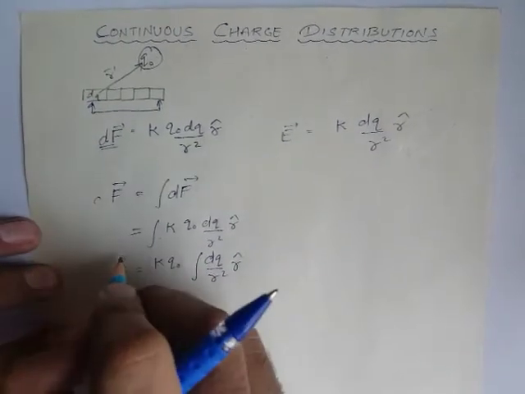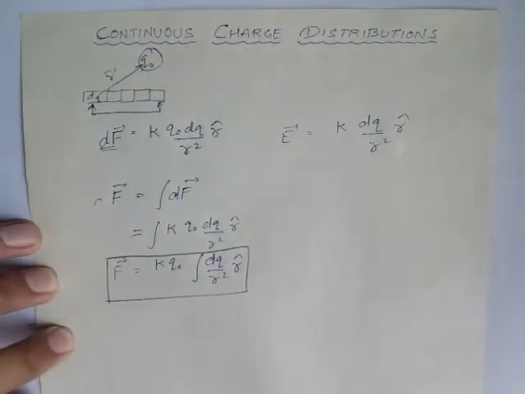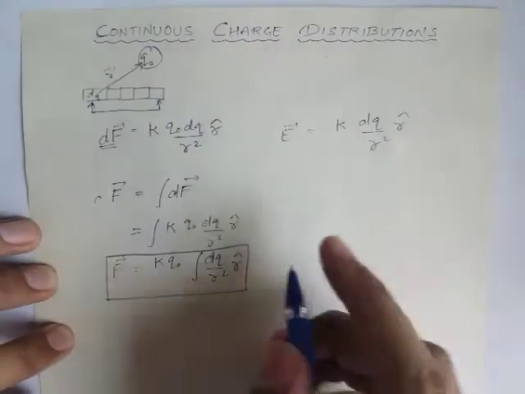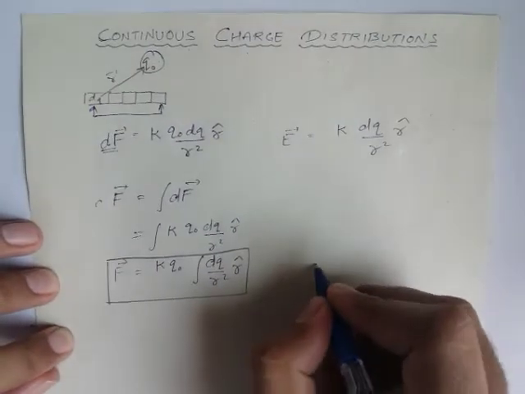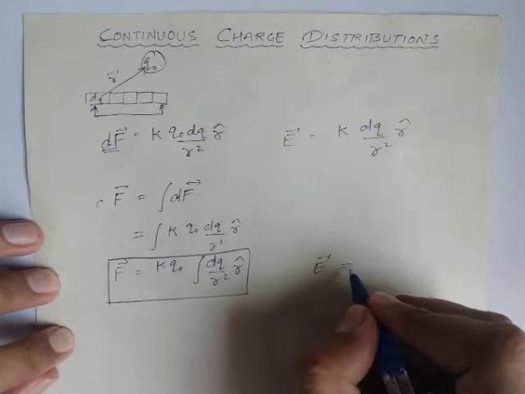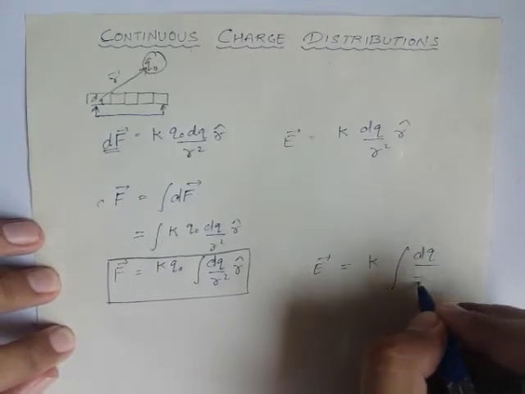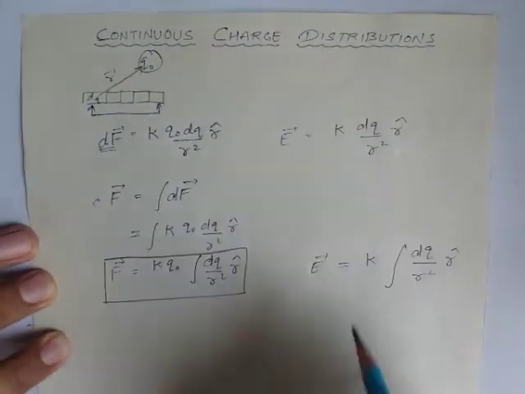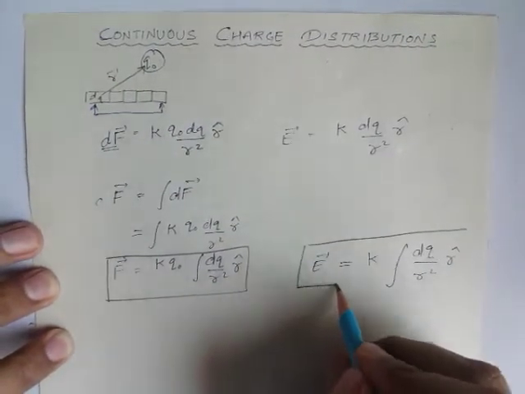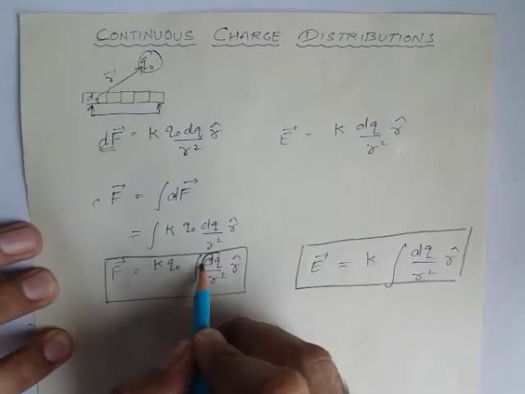Same way we will do for the electric field, and we will get the same thing: integral of dq upon r square r unit vector. That q naught will get cancelled over here. Please do take care.